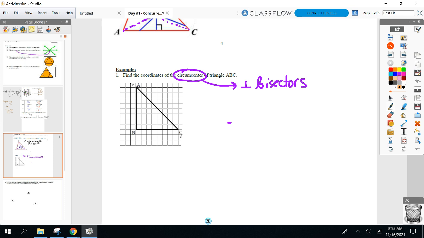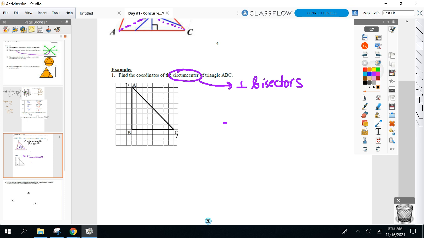That's its perpendicular bisector. How long's BC? 1, 2, 3, 4, 5, 6, 7, 8. 1, 2, 3, 4, halfway. There it is. There's your perpendicular bisector. We're all in agreement?